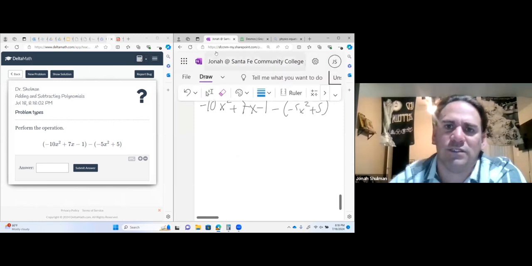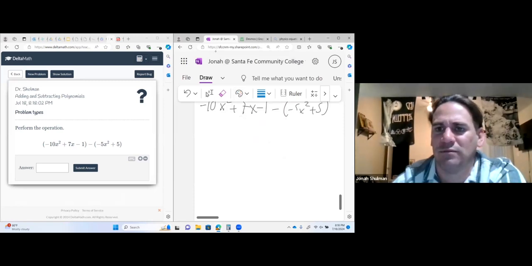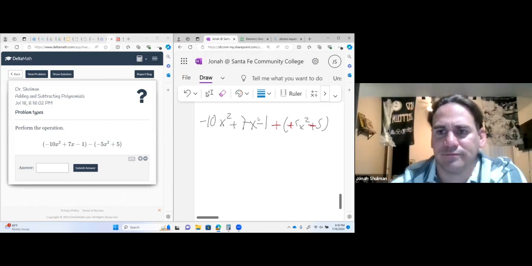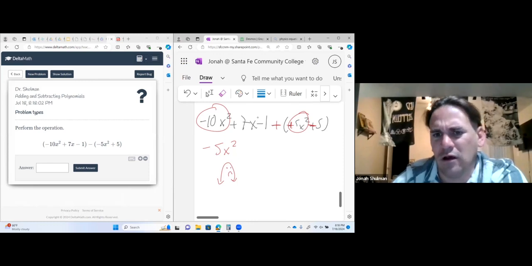So for when you're doing this, I would just add the opposite here. So instead of minus, we're going to make this a plus, and we're just going to change the signs. And now we're good to go. A negative 10x squared and a positive 5x squared, that's a negative 5x squared. So this is still a quadratic trinomial, but it's a frowny face because it's negative. 7x has no friends.